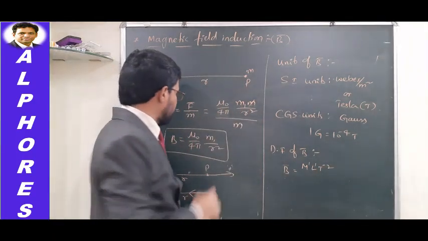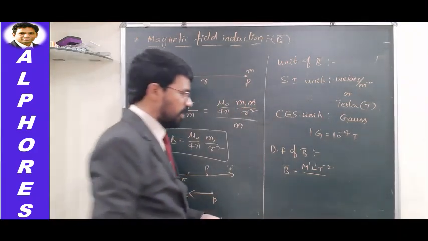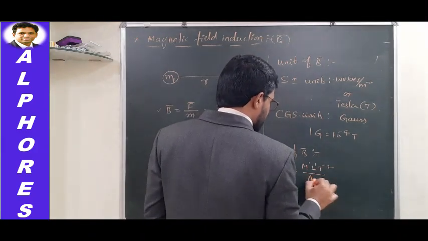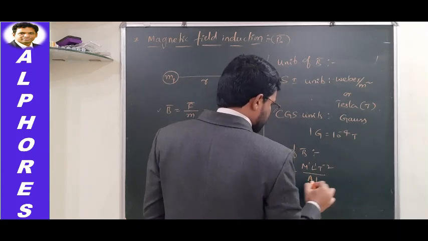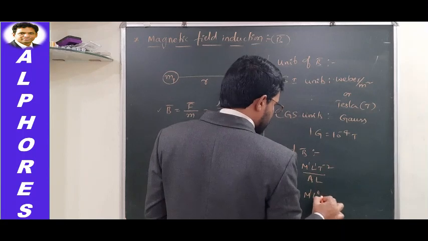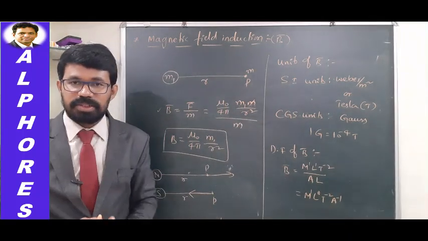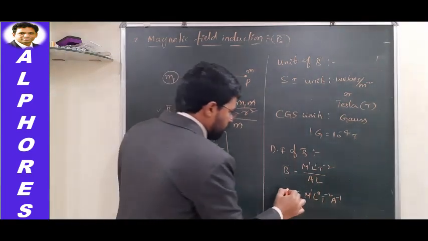Units of pole strength are ampere meter, so its dimensional formula is ampere length. Simplifying, L gets cancelled, and you get M power 1, L power 0, T power minus 2, A power minus 1. This is the dimensional formula of magnetic field induction.